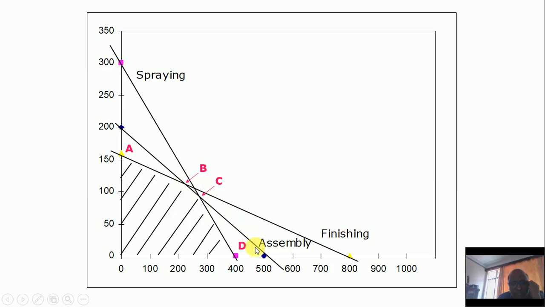For assembly intersecting with finishing, solving the simultaneous equations will give you coordinate B. If you solve simultaneously between assembly and spraying, that will give you coordinate C. If you're familiar with solving simultaneous equations, it should not be a problem.